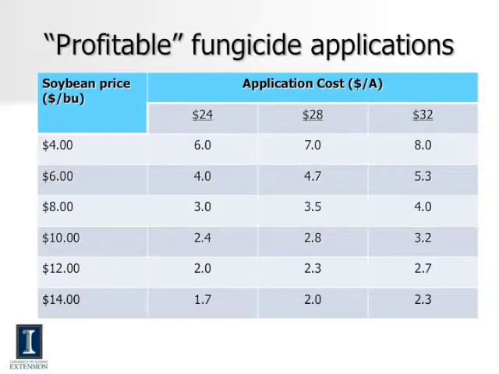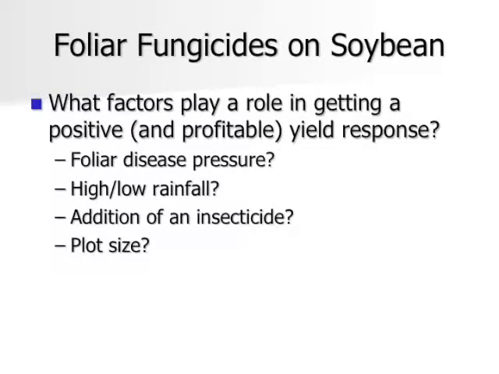And then looking at the price of soybean versus the application cost, we would be somewhere between needing 2 to 3 bushels an acre yield response to be profitable with foliar fungicides on soybean. And so we wanted to look at a few things here.